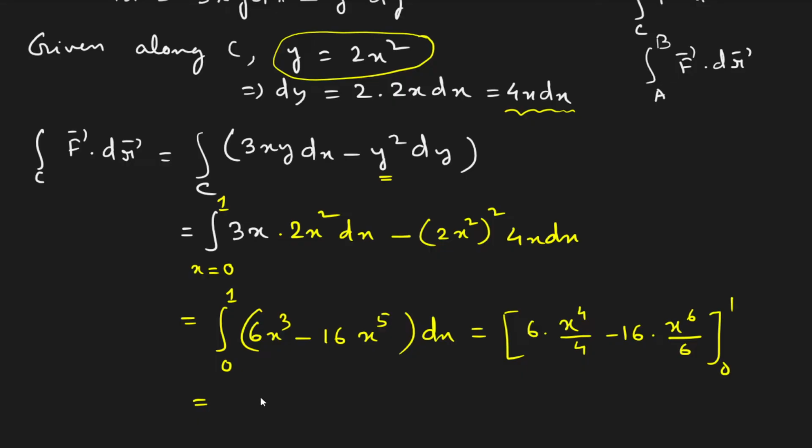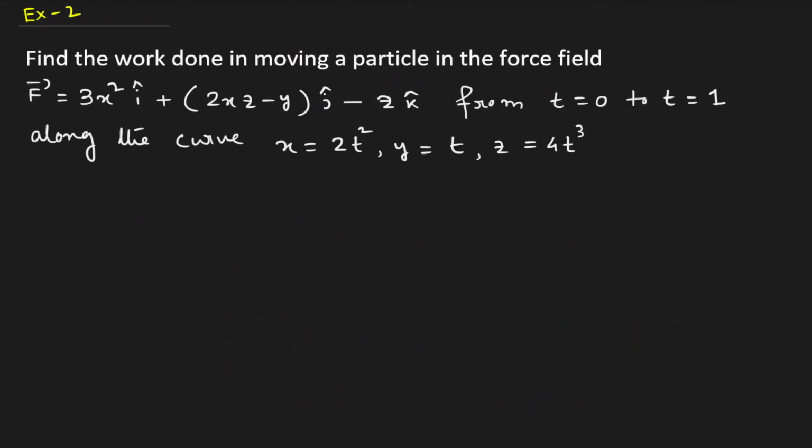If you put the limit, first upper limit and then lower limit, 6 by 4 minus 16 by 6. After calculation you will get minus 7 by 6 units. So it's very simple. You only have to observe this particular line where we are changing y to x.